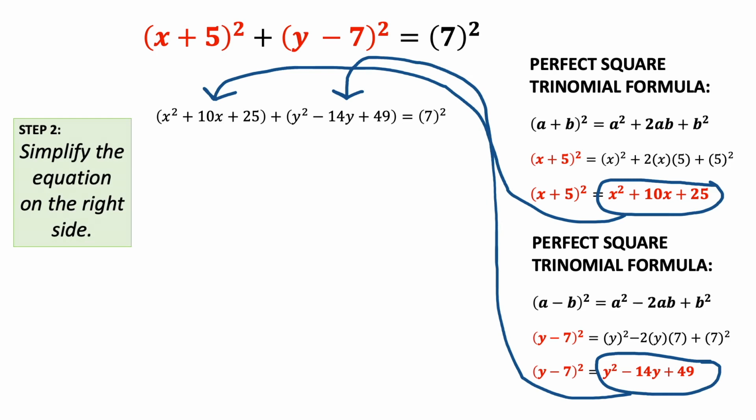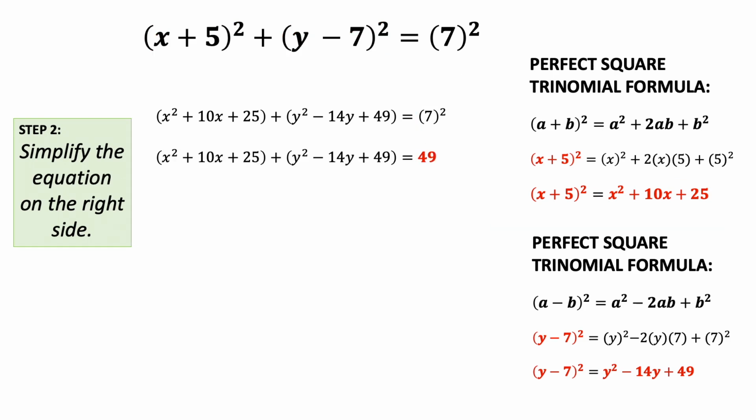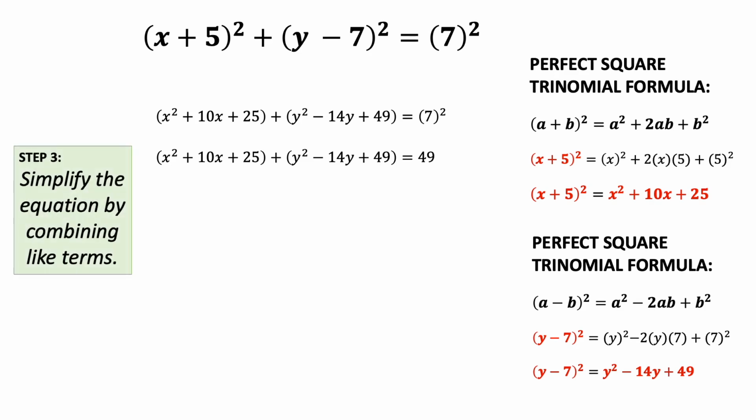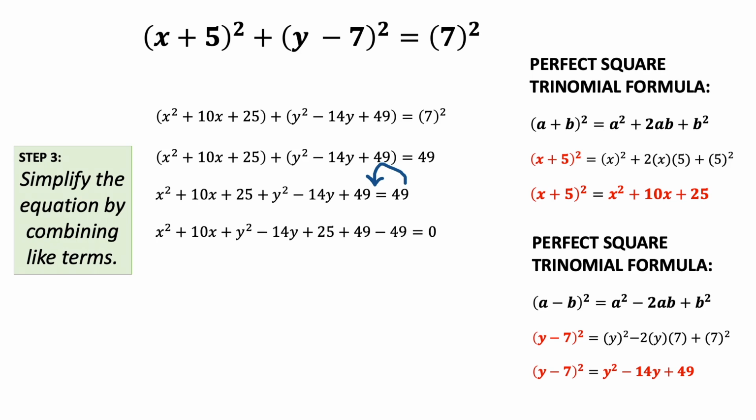The step 2 simply requires us to simplify the radius in the right side of the equation. Therefore, quantity 7 squared shall give us 49. In step number 3, we will combine like terms. Since the only like terms are our constant terms, I will move 49 to the left side. Then, I will combine it with positive 25 and positive 49.